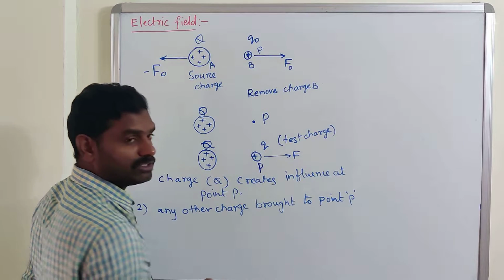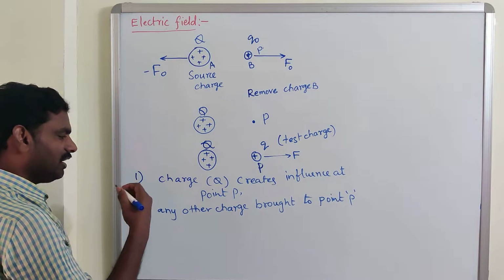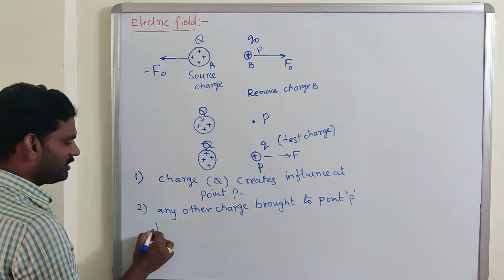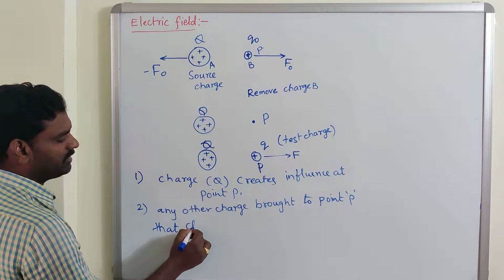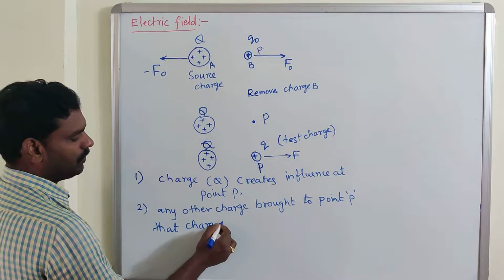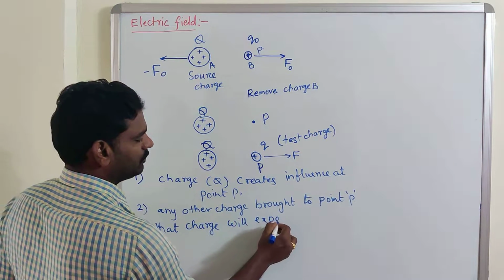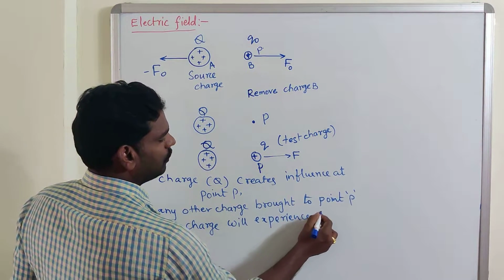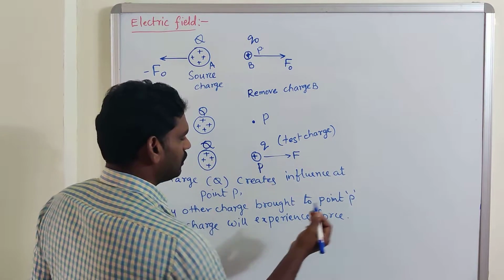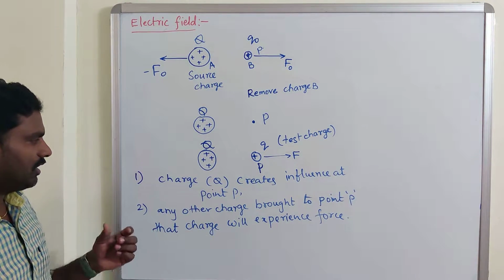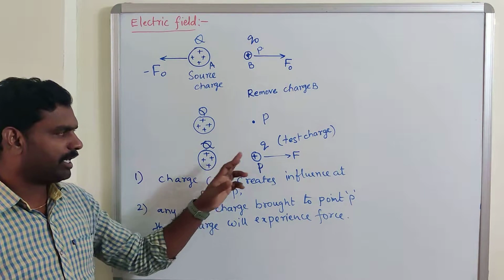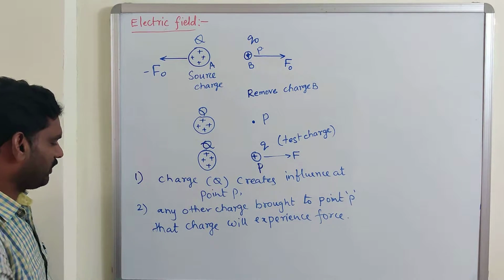P, if we bring some charge to P, what happens? That charge will experience a force. So that something we call the influence at point P, we call it as electric field.